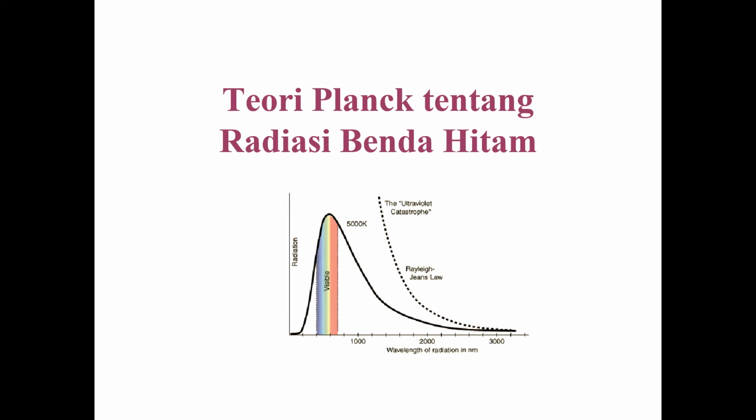So this is the picture. This curve here is produced by the experiment by Wien. Okay, so this is the Rayleigh-Jeans law.